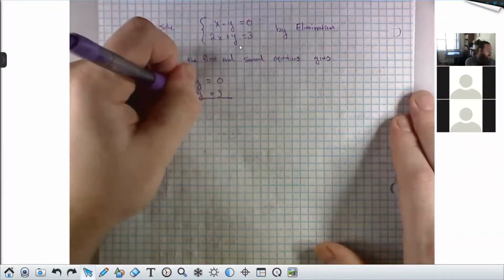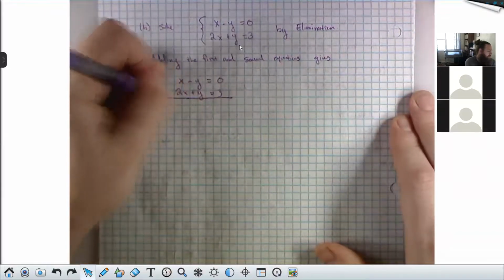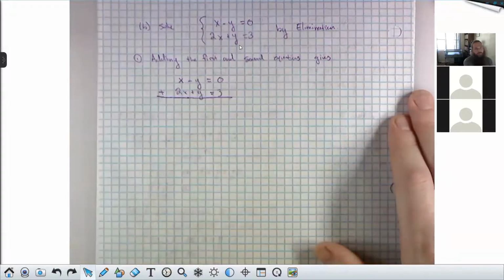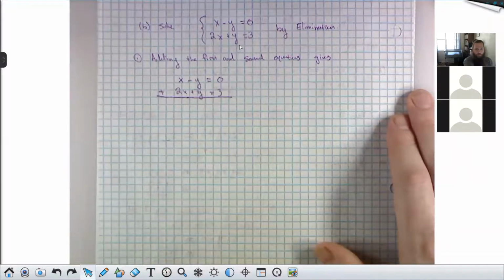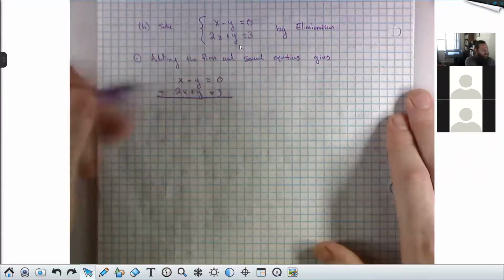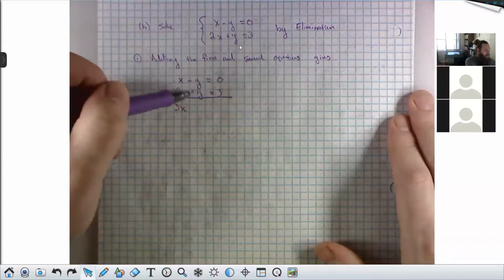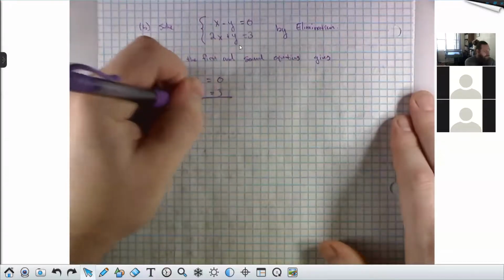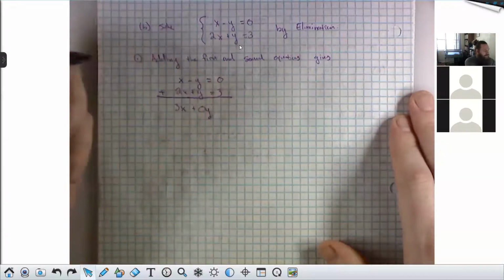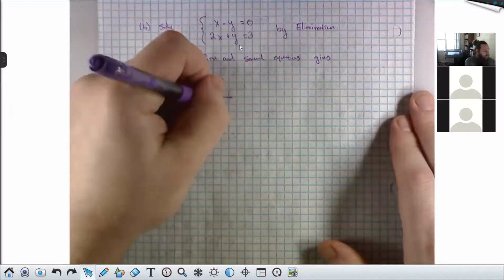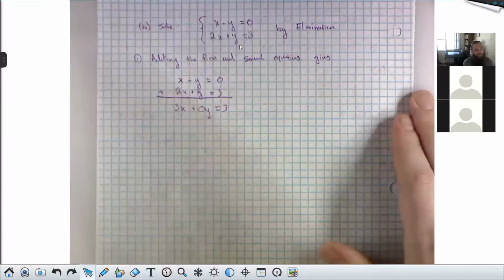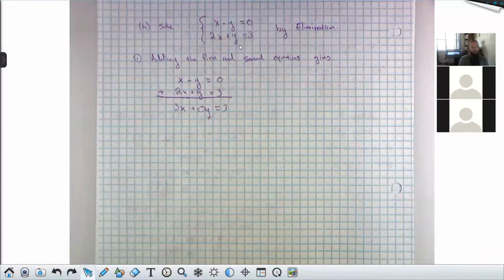And I'll just draw a little thing here, just like you did in grade school, and put a little plus over here. And then you just add the columns. X plus 2x is 3x. Negative y plus positive y is 0y. And 0 plus 3 is 3. Everybody see what happened there?